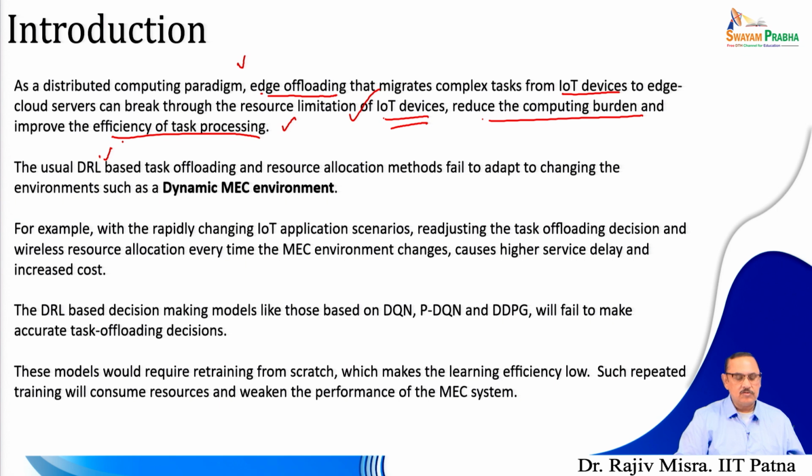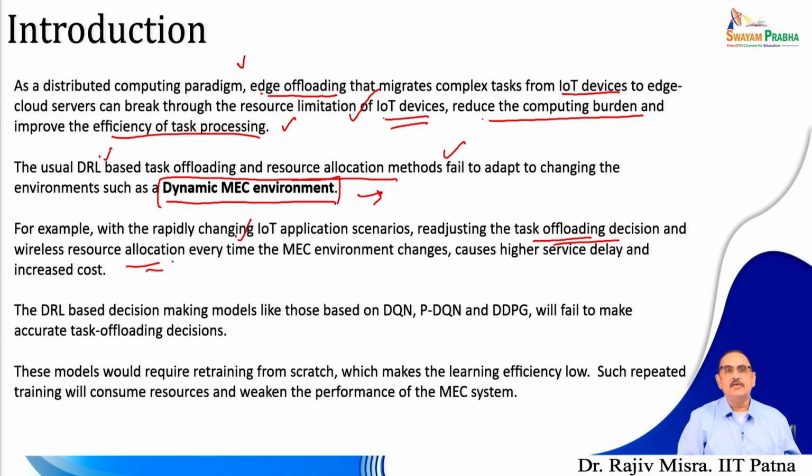Usually, the deep reinforcement learning based task offloading and resource allocation methods fail to adapt to the changing environment, such as the dynamic edge cloud environment that we have already explained. For example, with the rapidly changing IoT scenario, readjusting the task offloading decision and wireless resource allocation every time this mobile edge computing environment changes causes a higher service delay and incurred cost.